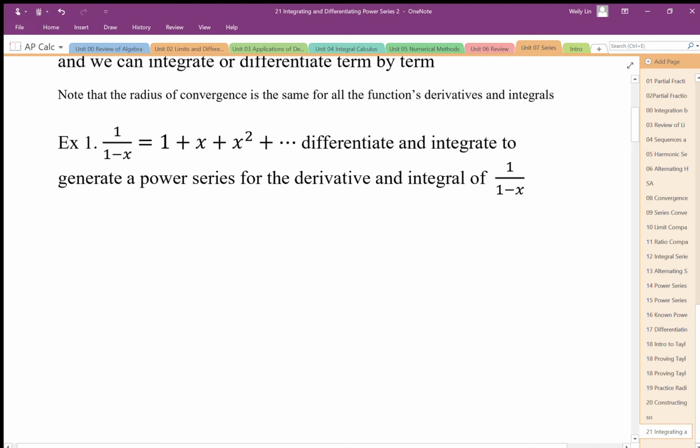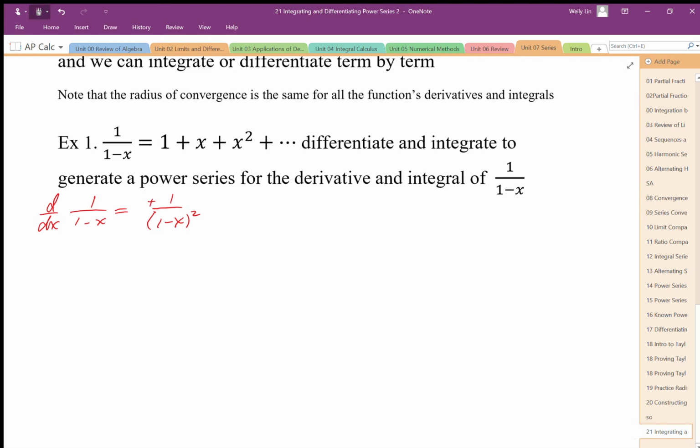Okay, so I'm just going to do it up here. If I differentiate 1 over 1 minus x, the derivative is going to be equal to negative 1 over 1 minus x squared, and then with the chain rule, we have that positive.